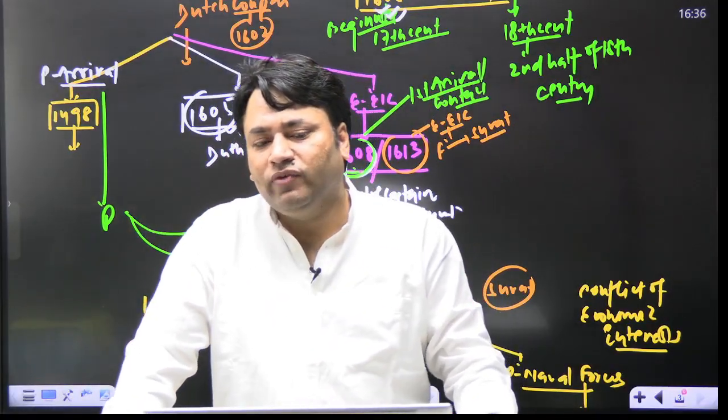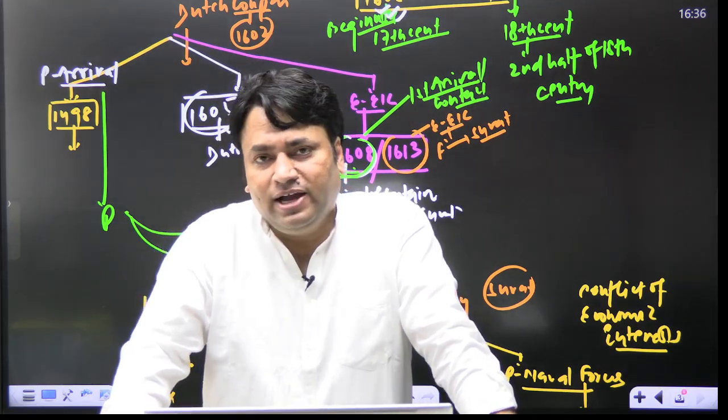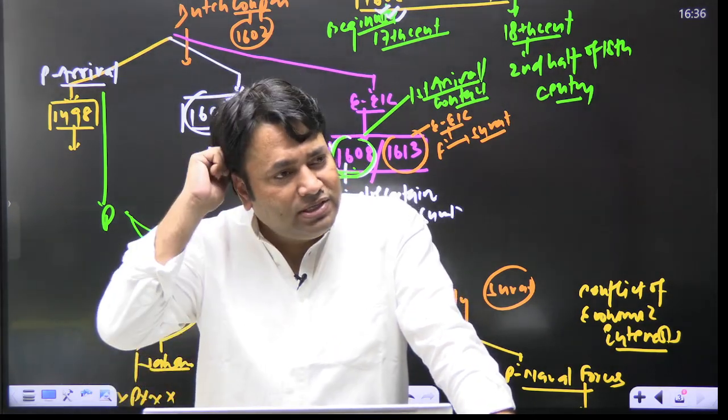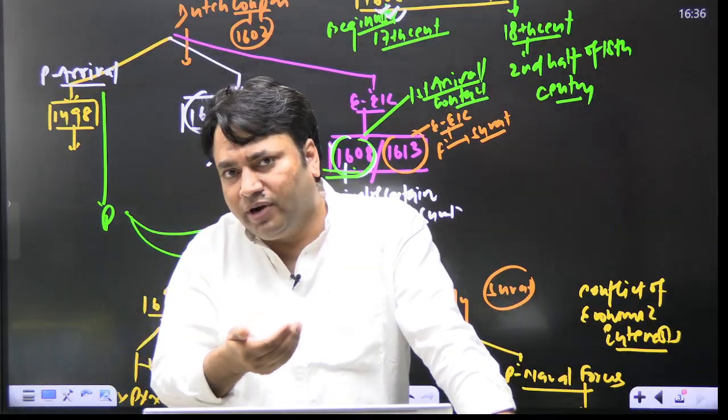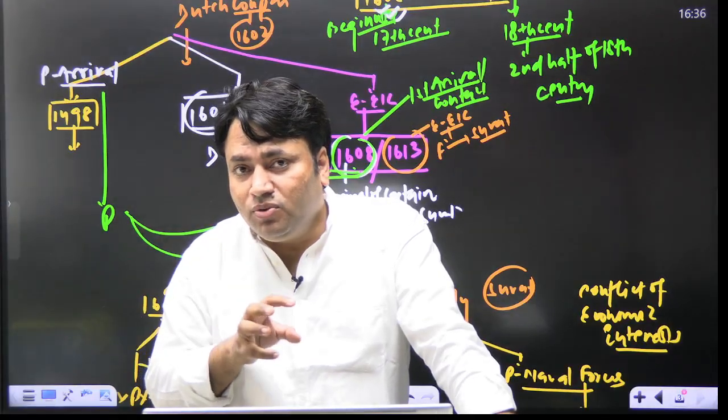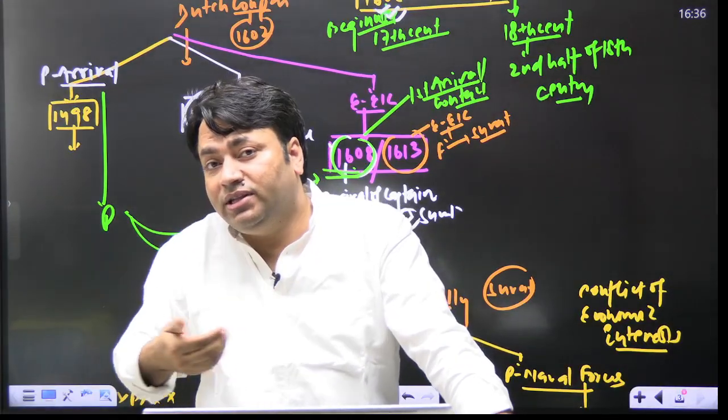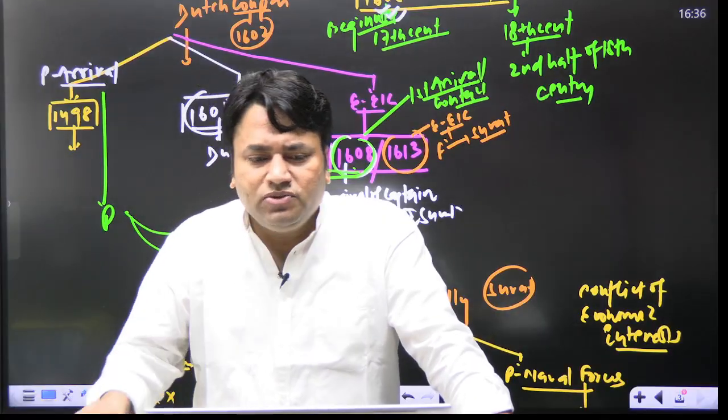In this way they gained the favor of Jahangir. So the years 1612 and 1613 are very important when we talk about the rivalries between these different groups. Why is this very important?